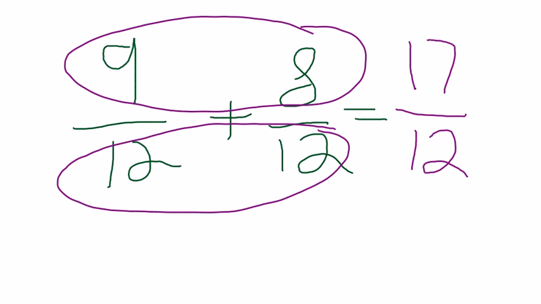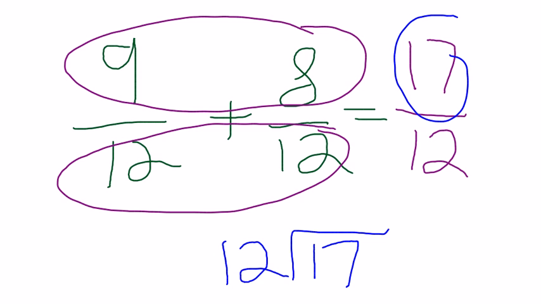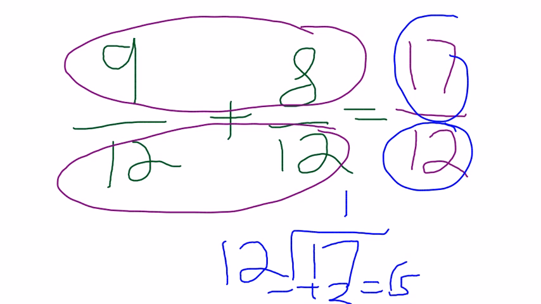You're going to do top divided by bottom. And 12 can go into 17 one time, and then 17 minus 12 is going to equal 5. And then we're going to stop there.